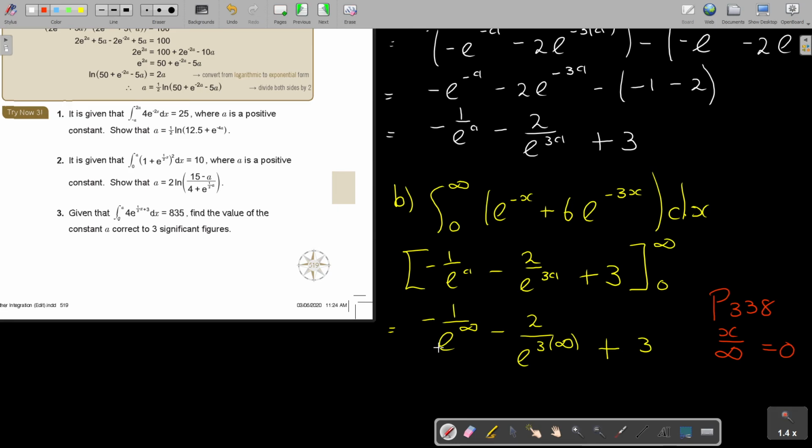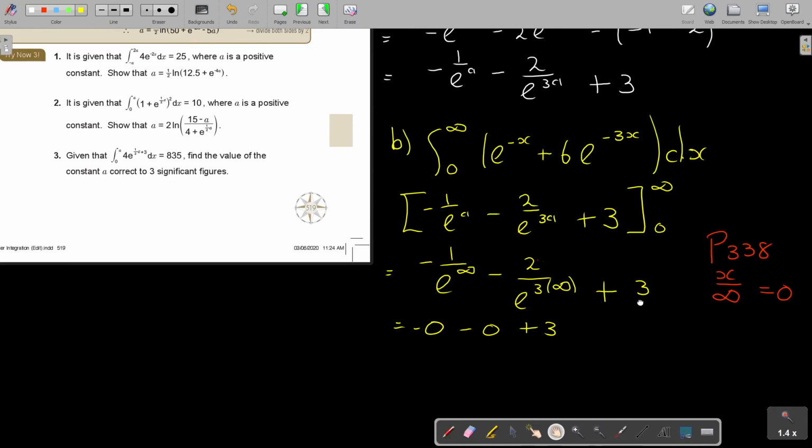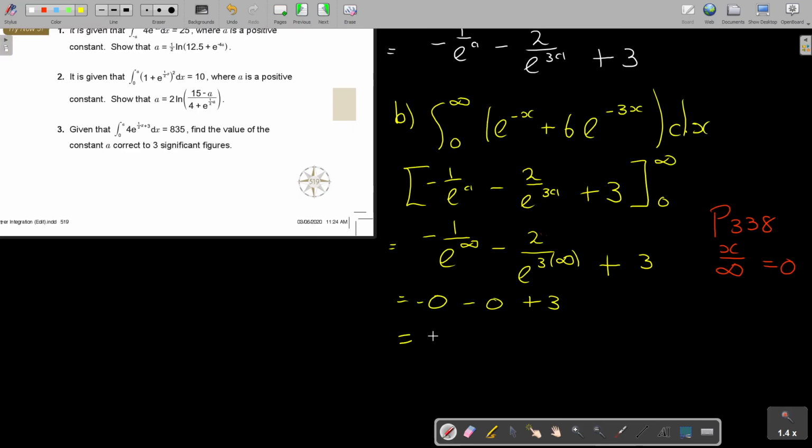So because this is infinity, you end up with a number over infinity every time, 0. You can say minus 0, plus 3. But my final answer will just be 3. And it's coming from that statement.